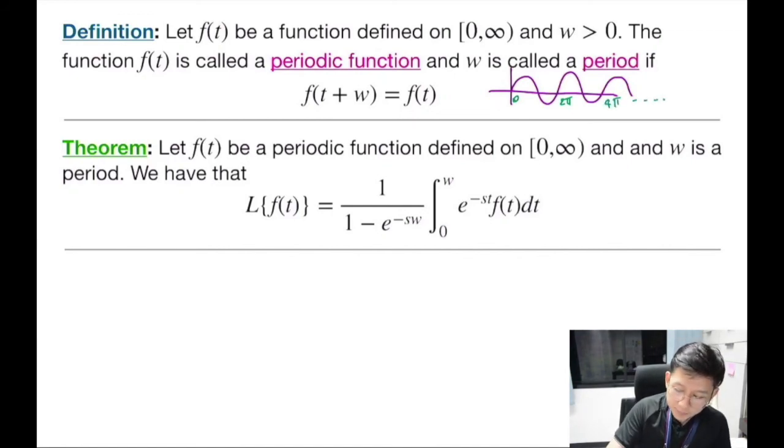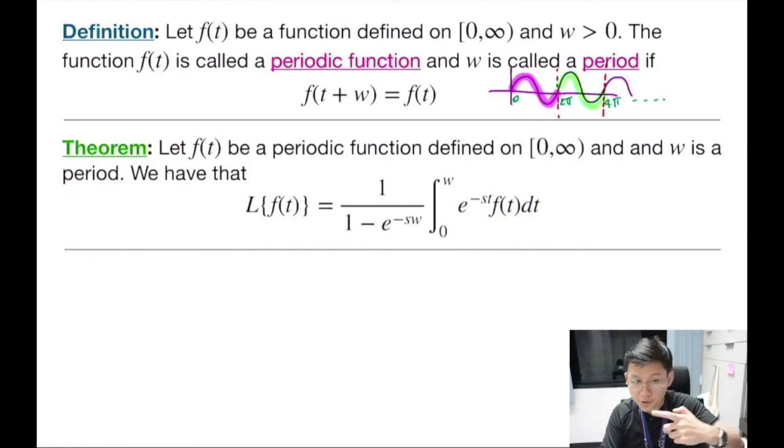And as you can see, if I cut it here, it looks like that, right? And if I cut it here again, at 4 pi, it looks pretty much the same. So the graph is repeated. It goes as it is and then is repeated.